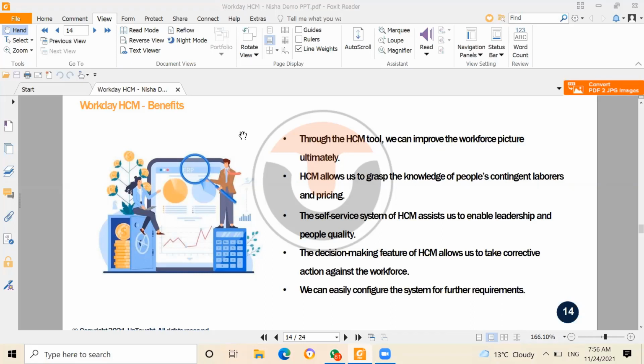It will be an add-on to the company's efficiency, improving efficiency with technology. The data will come up more accurately and on time. So being a learner, it is included here, and being a client also. We can ultimately improve the workforce picture, because the design is organized very well for all sub modules, for all information of employees.